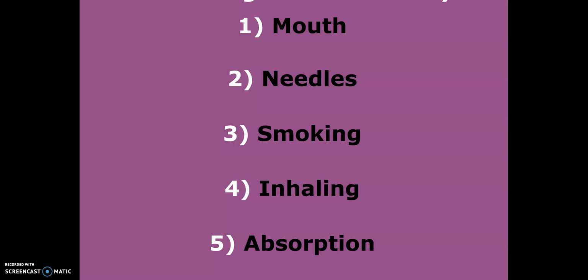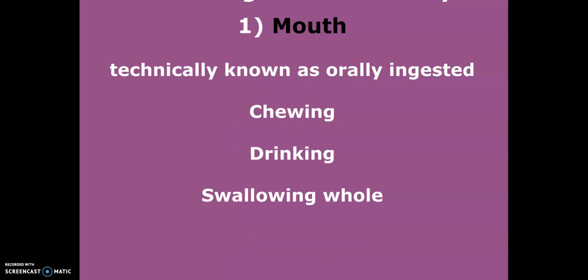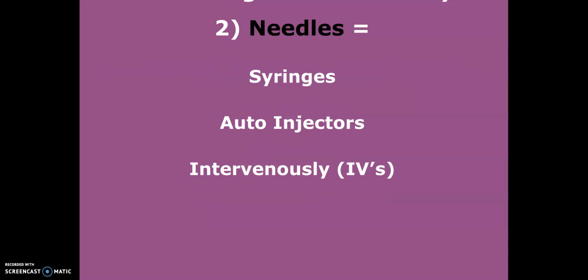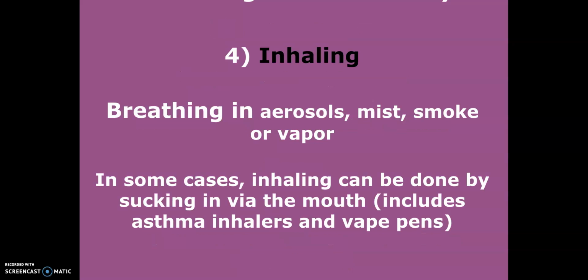Drugs enter the body through the mouth, through needles, through smoking, through inhaling, and through absorption. And these 5 answers, you probably should pause here to copy this, but these 5 answers are the only ways that drugs can enter the body. And as you progress through the next several slides, it gives you examples and more detailed definitions of what each of the 5 categories mean.